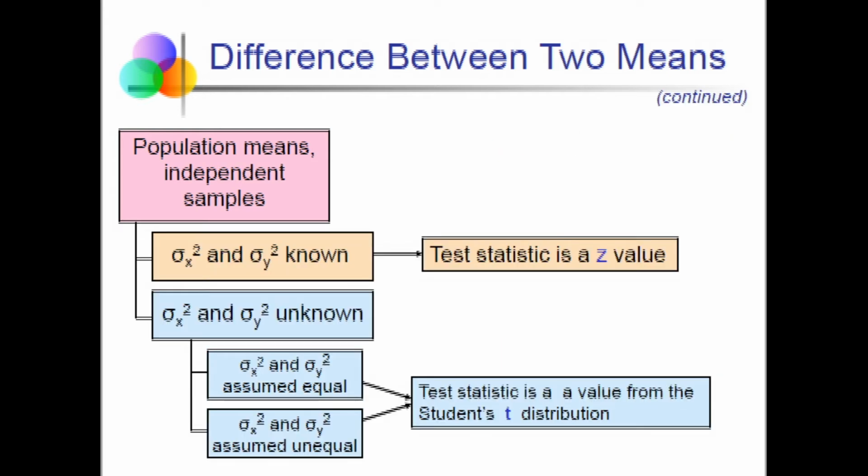If the population variances are known, we use the Z value as our test statistic. If the population variances are unknown, we use the t distribution as our test statistic.